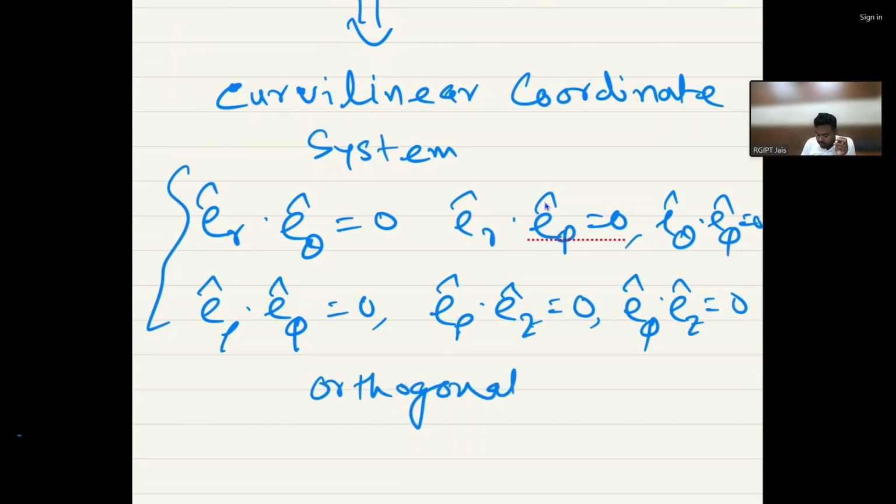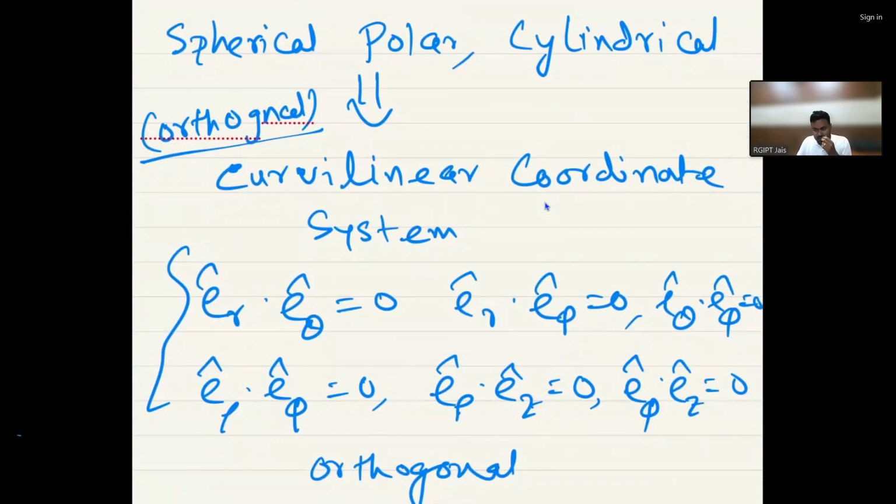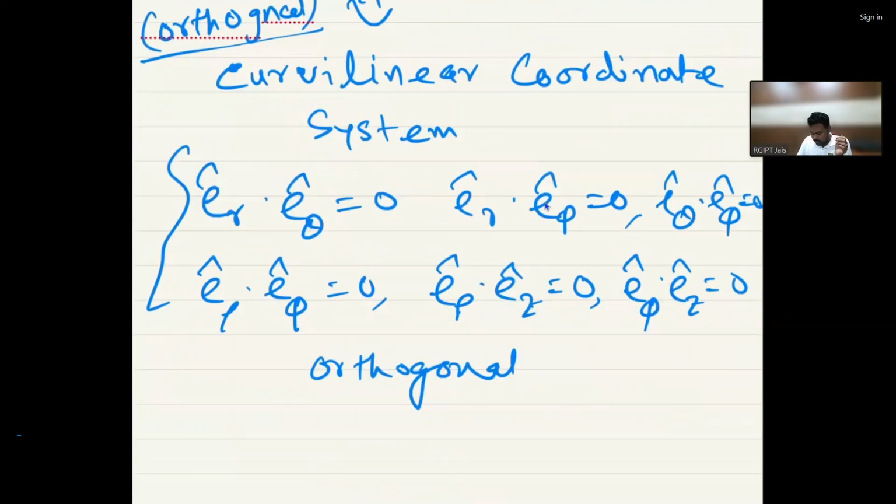So we'll study only one subset of these curvilinear coordinate systems, those that are orthogonal. There can be coordinate systems which are not orthogonal, but we'll study only orthogonal curvilinear coordinate systems.